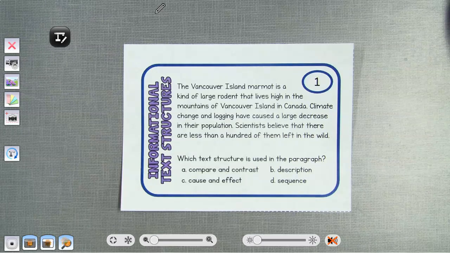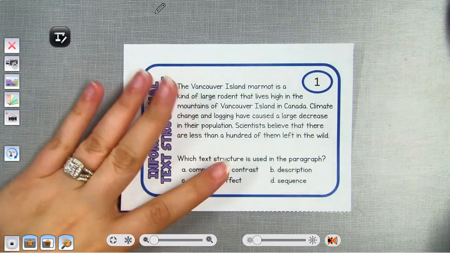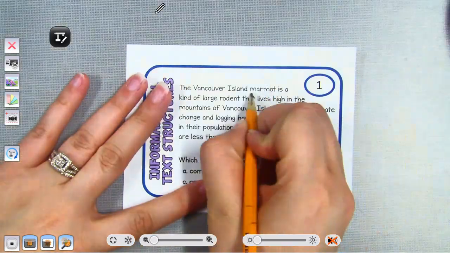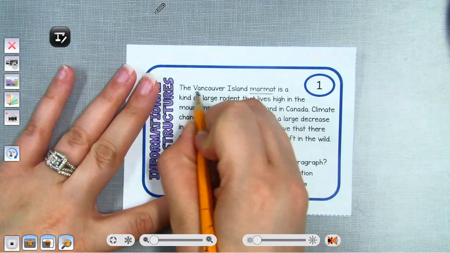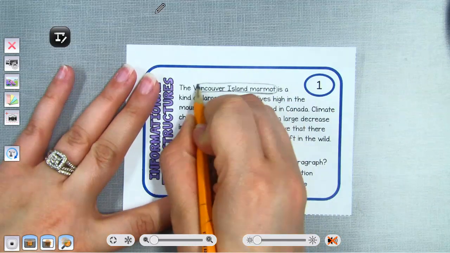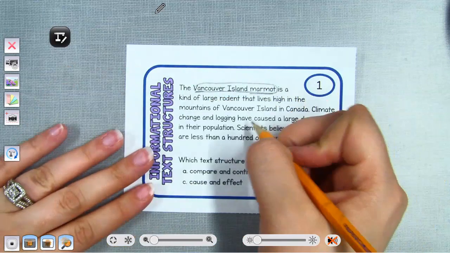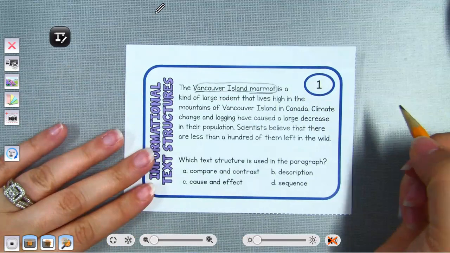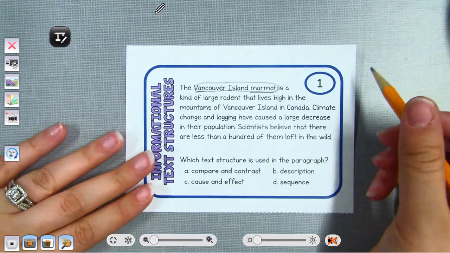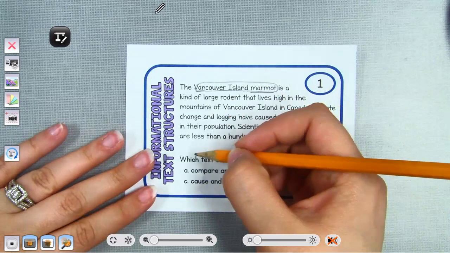So let's kind of look back at this. A, compare and contrast. Is it comparing two things? No. B, description. Is it describing? So our topic is the Vancouver Island marmot. That is our topic. Okay, is it describing that topic? No, it's not telling us details about it. C, cause and effect.